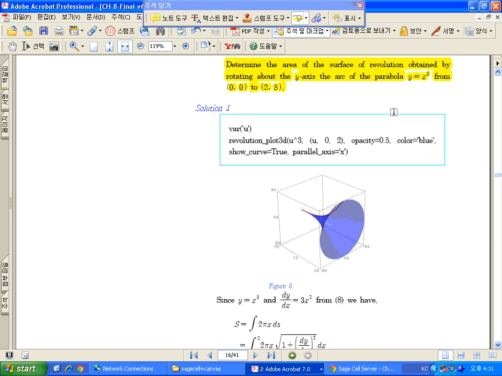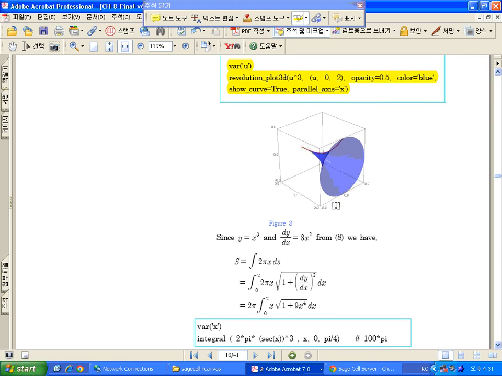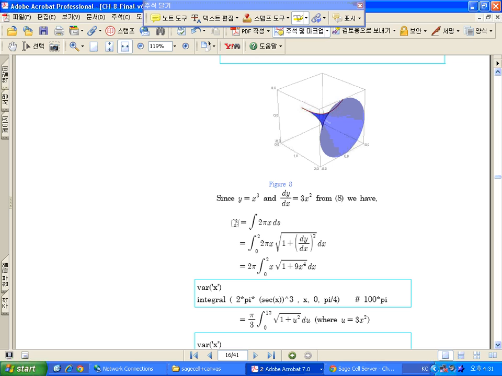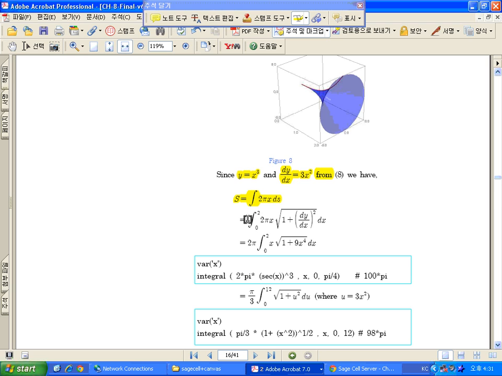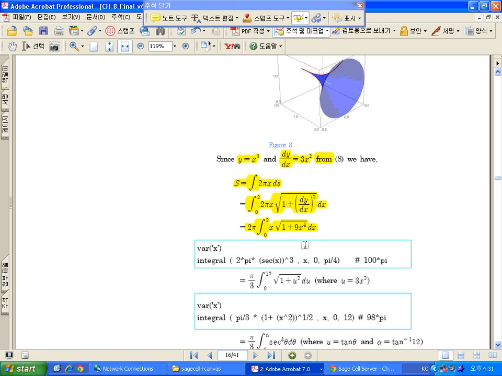Then we can draw the graph of this function y equals x cubed like this, and we use the formula S equals the integral of 2 pi x ds, where y equals x cubed and y prime is 3x squared. So we have 2 pi times the integral from 0 to 2 of x times the square root of 1 plus 9x to the fourth dx.